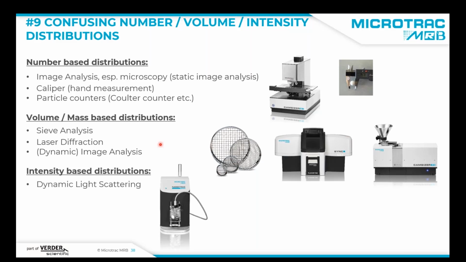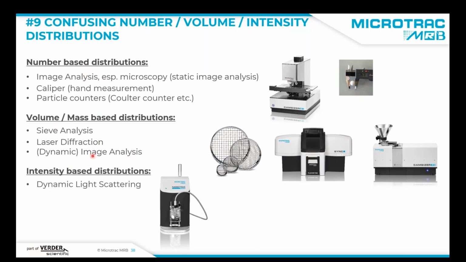We measure width and length of the particles. This gives us a very accurate volume model, so the conversion from number to volume works very well. You can also convert the volume-based laser diffraction results to number-based, but this will only be a very simple sphere model and will have some inaccuracies.